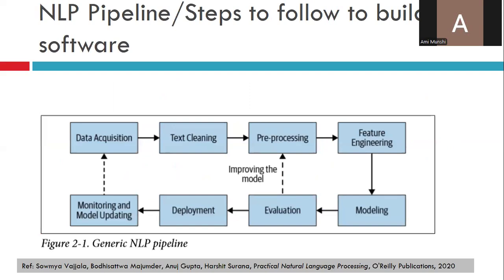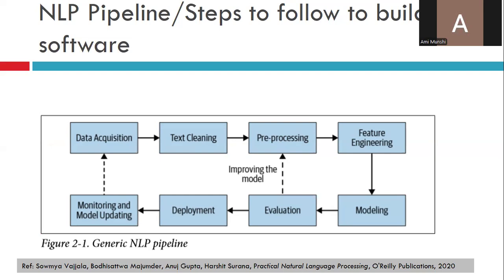So this is the basic pipeline of NLP. The first step is data acquisition. We acquire the data from somewhere. In detail, we will talk about this, of how to get the data. The next step is text cleaning. After cleaning, we go to text pre-processing. Feature engineering, that is converting the data suitable for our machine learning or deep learning algorithms. We do some modeling using machine learning, deep learning, or heuristic-based approach.